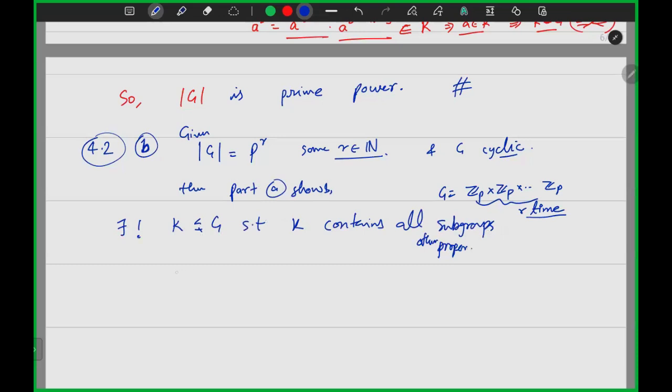Then what is the index of K? G mod K. This is just P only, right? Because it is proper, and this should divide P to the power R. So only one, and after one we should get P.